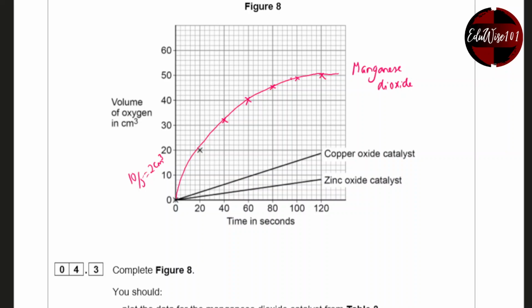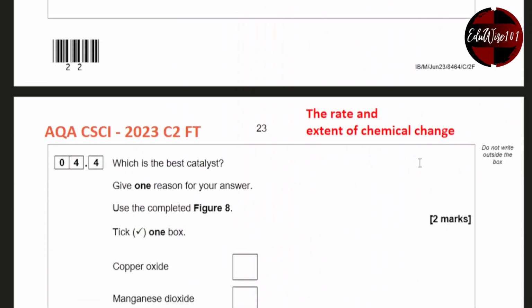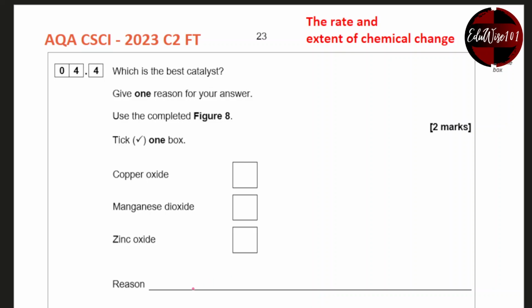They have all been added 25 centimeter cube of hydrogen peroxide, so it's producing the most amount of oxygen, and it's also producing the most oxygen in a shorter time. In 40 seconds, manganese dioxide has produced 32 centimeter cube, whereas zinc is producing about 3 and copper is producing about 6. So manganese dioxide is the best catalyst.